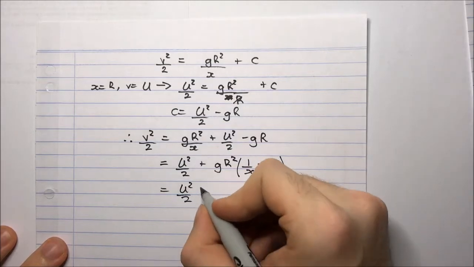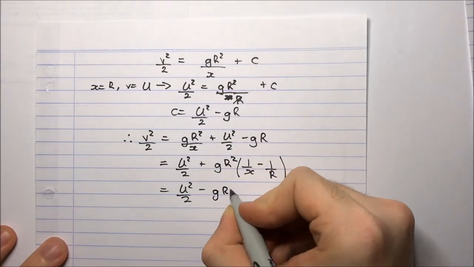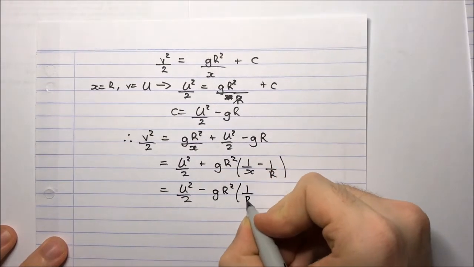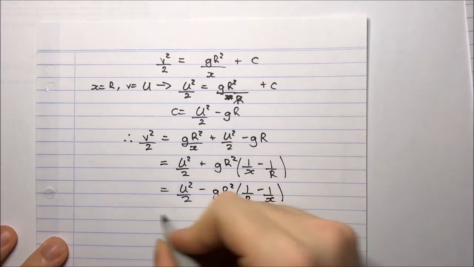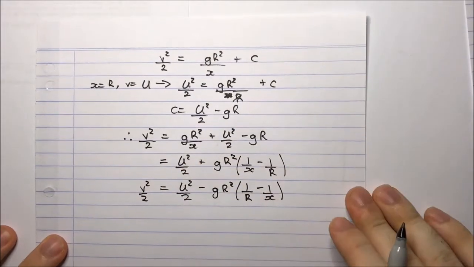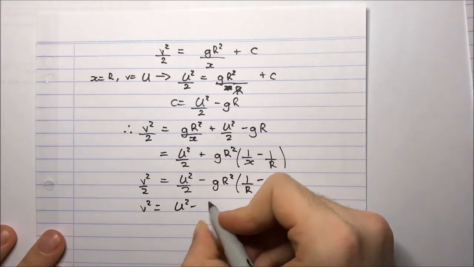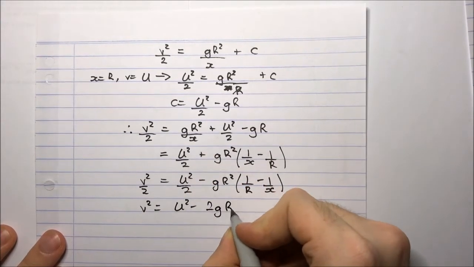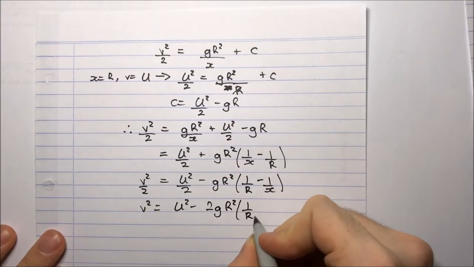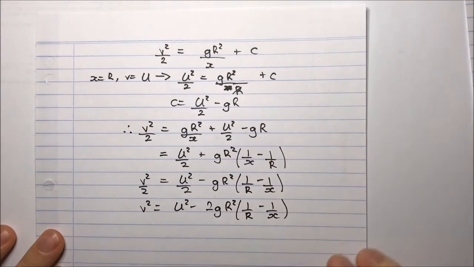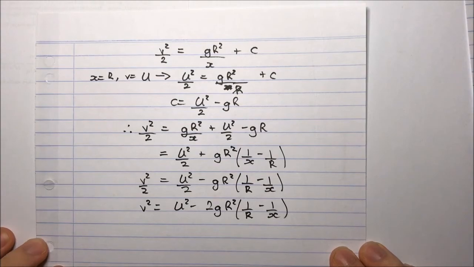So just to suit the question's needs, we can flip it like this. That was v squared on 2, and for v squared by itself we multiply through by 2 and we get u squared minus 2gR squared, 1 on R minus 1 on x. And we've proven what we needed to prove.